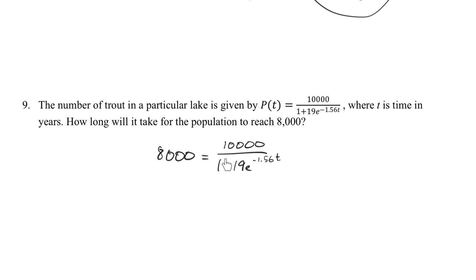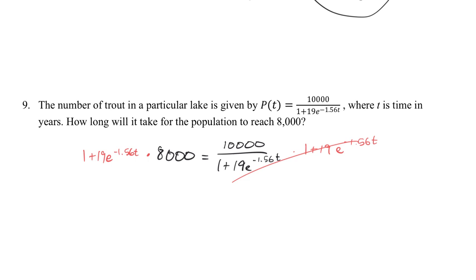Now, we do not like solving equations that have fractions. So one thing we can do is multiply both sides by the common denominator. So that'll cancel it there.